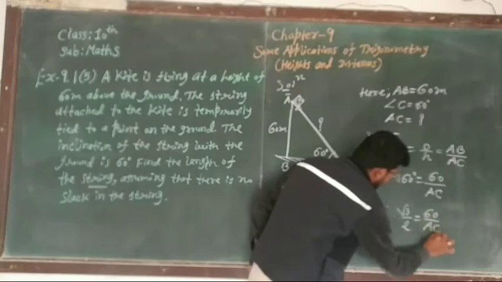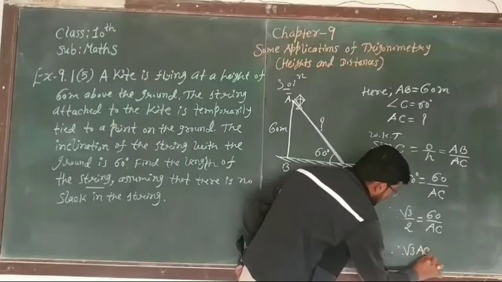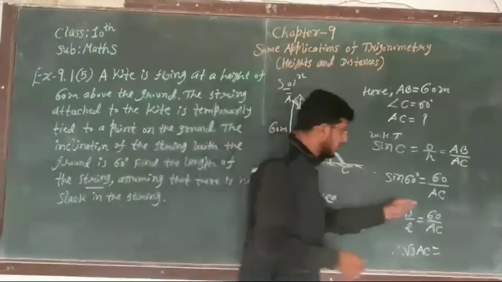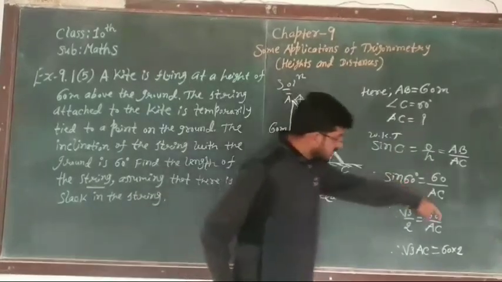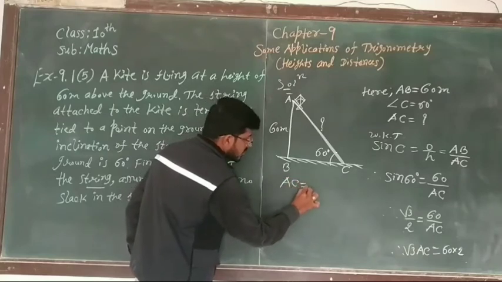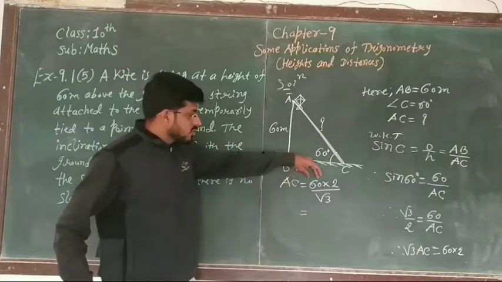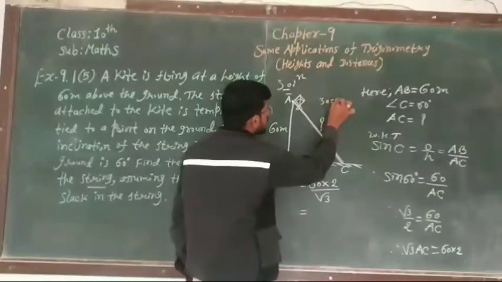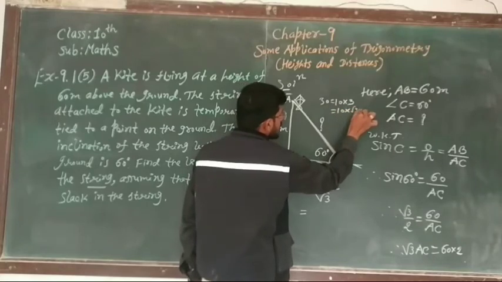Now taking cross product. So we get under root 3 AC is equals to 60 into 2. Okay, we know that 6 twos are 12, but don't multiply. Simply write down 60 into 2. So we get the value of AC is equals to 60 into 2 upon root 3. 60 is equals to, we can write 10 into 3, and 3 is equals to root 3 into root 3.